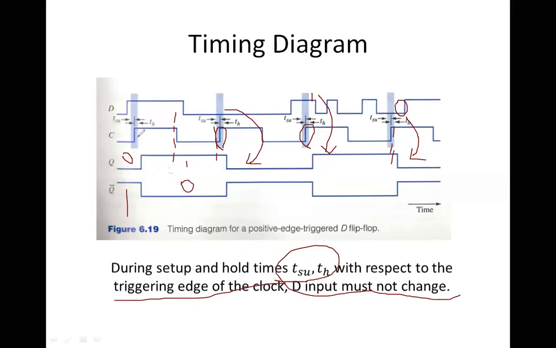If it changes at the same time, what is going to happen? Students, if your input and clock change at the same time, what is going to happen? We are going to see something called an unpredictable state.